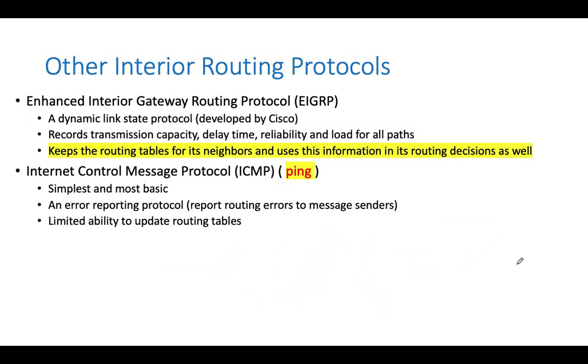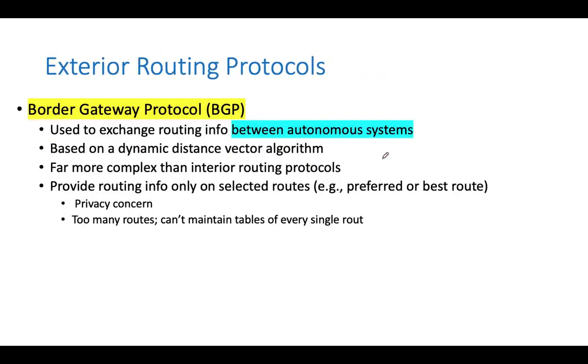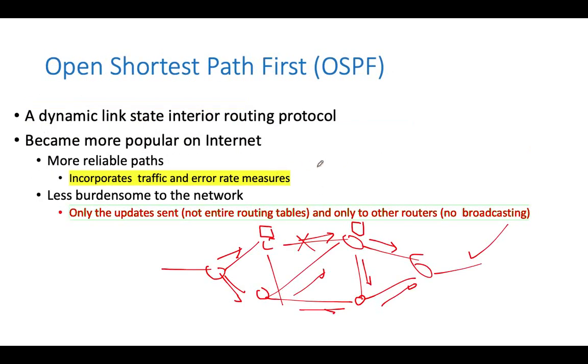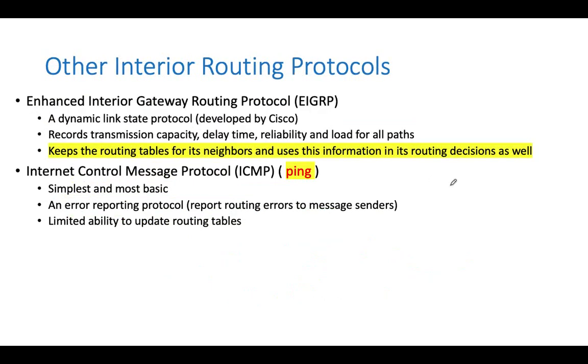Then we come to the latest one, which is EIGRP. That's much more advanced. Both of them, EIGRP and OSPF, have better functions than RIP. They have some kind of security and ACL, which is an access list.